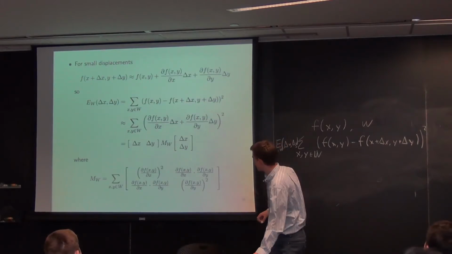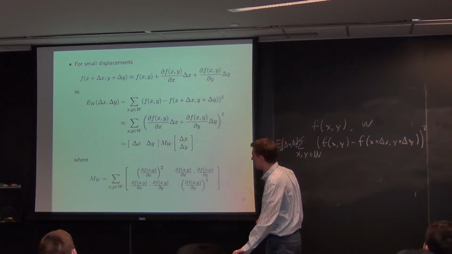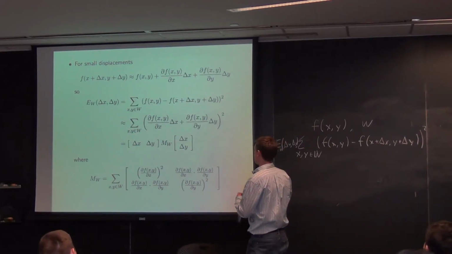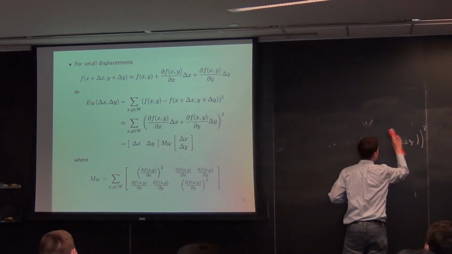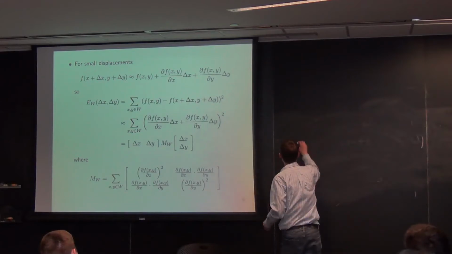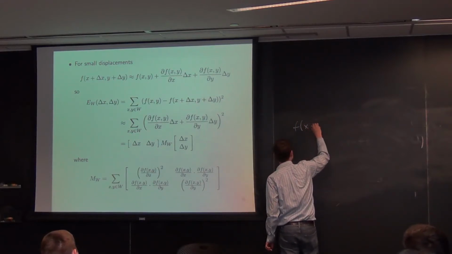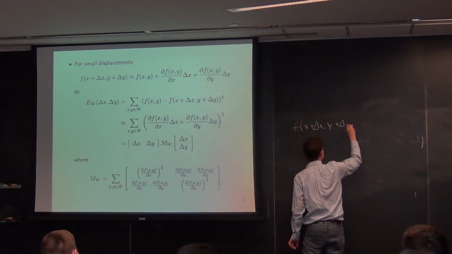Okay, so here's the big slide of all the math, but don't worry, it's actually all very simple. I'm just writing things out in great detail. Here's the basic idea. We have our function f of x plus delta x, y plus delta y.